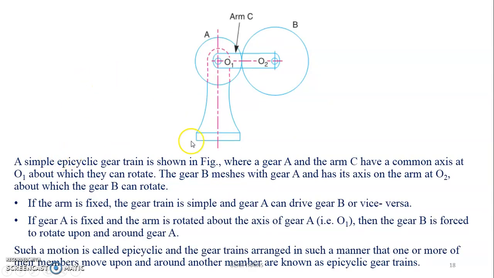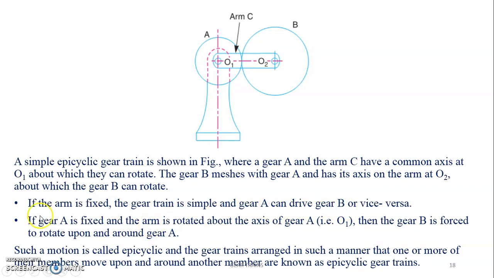So this is the same example. An epicyclic gear train is shown in the figure where gear A and arm C have a common axis at O1 about which they rotate. The gear B meshes with gear A and has its own axis on the arm at O2 about which the gear B can rotate. If the arm is fixed, the gear train is simple and gear A can drive gear B or vice versa.